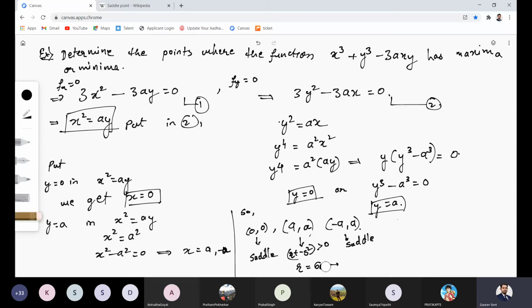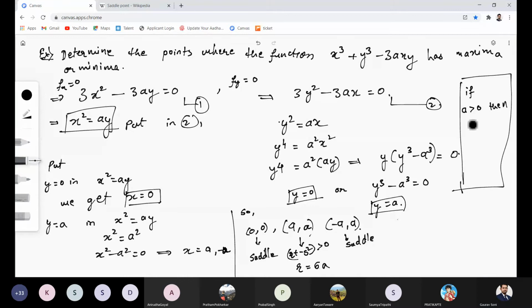So I'll write it down clearly over here. So r is equal to 6a. So on the right side, I'm writing: if a is greater than 0, then a minimum.